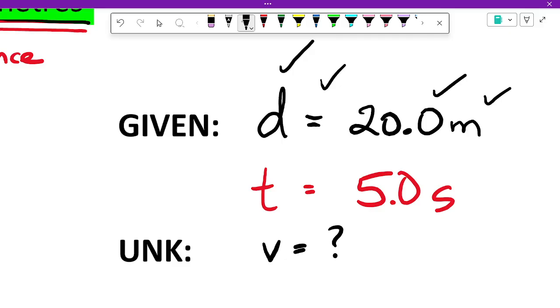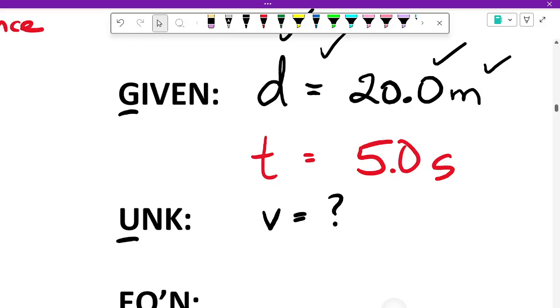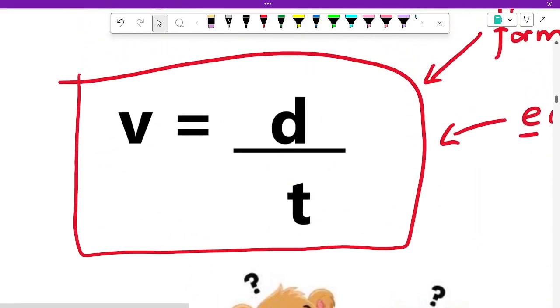Next thing we're going to do, so we have our given, we have our unknown, that's the G and the U in GUESS. Next thing we're going to do is our equation. So we're going to go to our equations. There's only one so far. And we're going to pick the equation that has D and T and V. What is that equation?